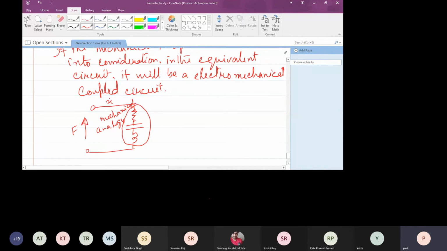The resistive component is equivalent to damping, the stiffness is equivalent to a capacitance, and mass is equivalent to inductance.